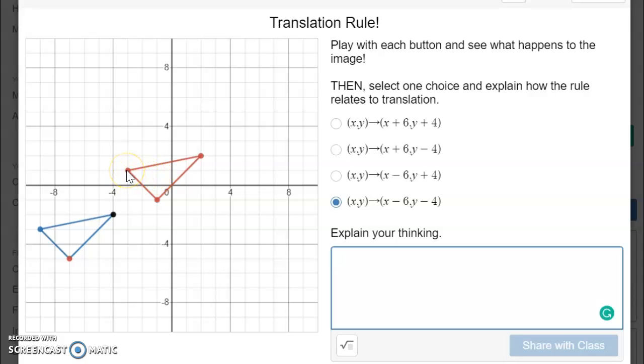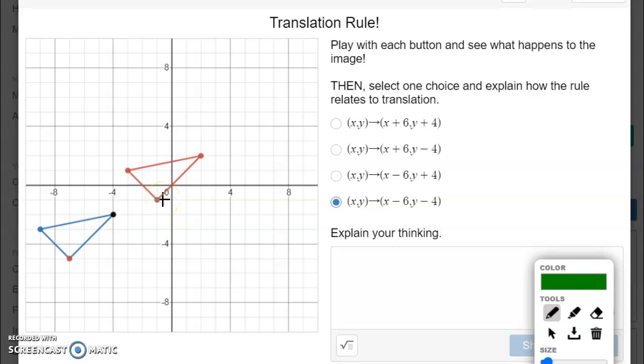Okay, so if I was to pick 2 points, if I pick this point and this point, they are the corresponding vertices. So I know that the red was the original, so that point became that point over here. So how did it change? It went down by 1, 2, 3, 4 units.